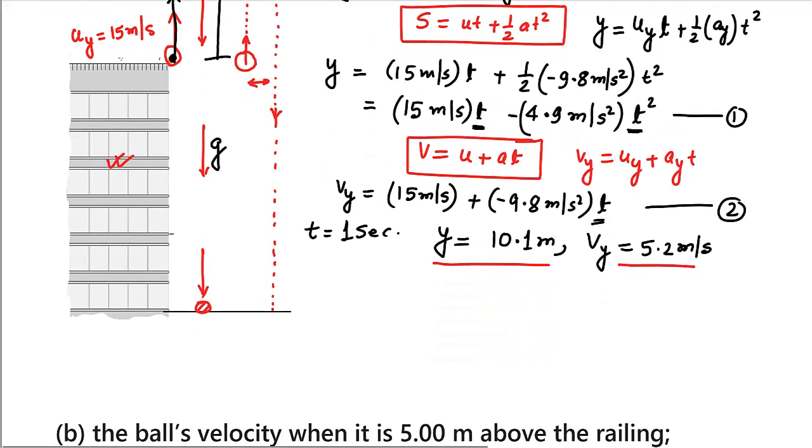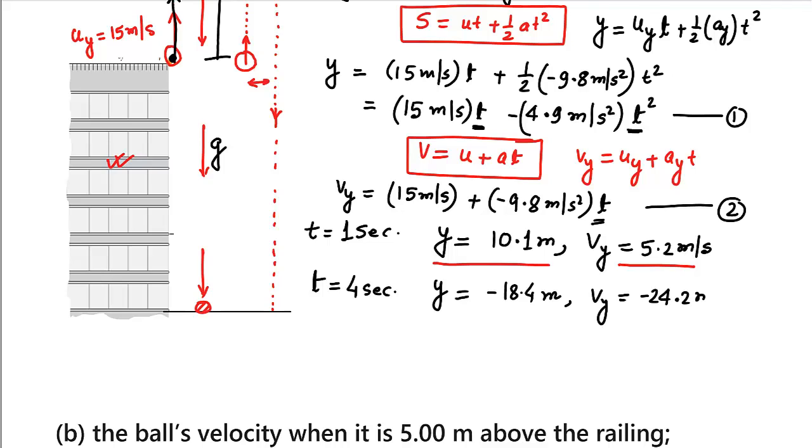Now we can also calculate at t equals 4 seconds. I simply have to plug the value of t in this expression, that is equation 1 and equation 2. If you plug this value, we will find y equals negative 18.4 meter, and v_y equals negative 24.2 meter per second. Now you see, in this case both the y coordinate as well as the velocity are negative.